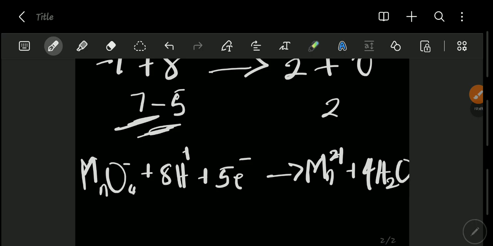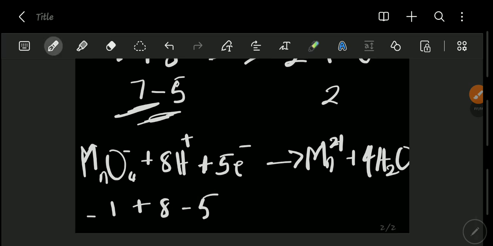So if you look at this, let's check the charges again to see if the charges are balanced. Here we have 1 times minus 1 is minus 1, plus 8 times plus 1 is 8, then plus 5 times minus 1 should give me minus 5. So here should be a minus 5.